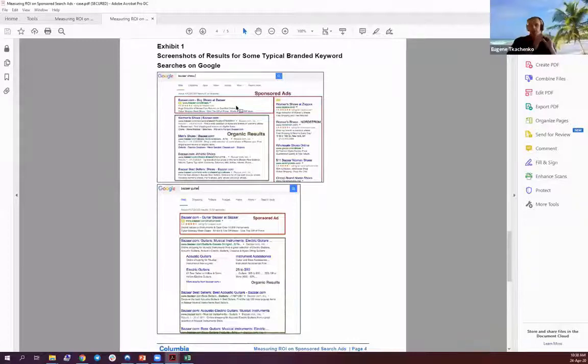So 70 results for organic clicks, and all of a sudden we are getting 50 clicks for sponsored ad results. Why might that be an issue? Well, it's simple. Sponsored ads may take a share, a cannibalization rate of approximately 30%, from organic clicks.